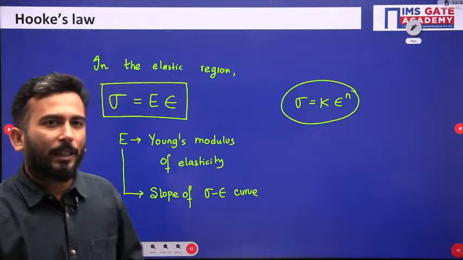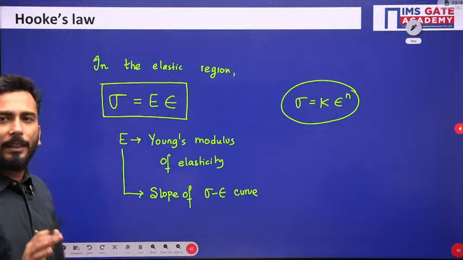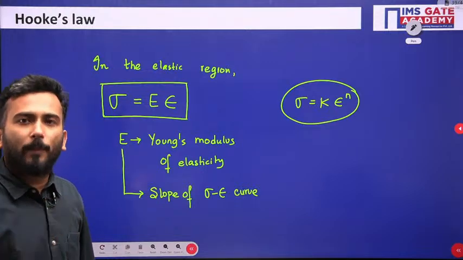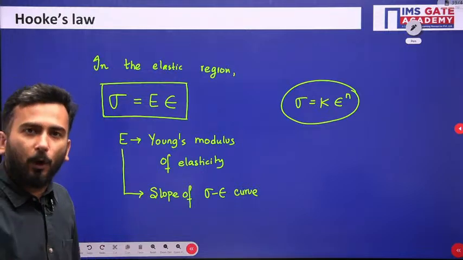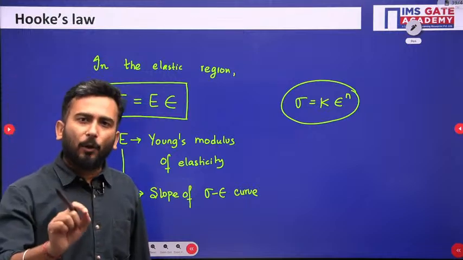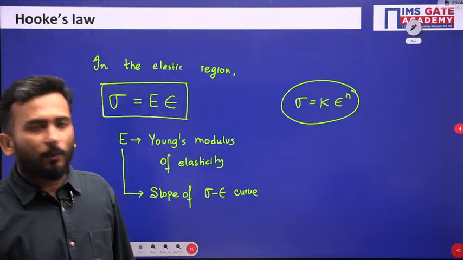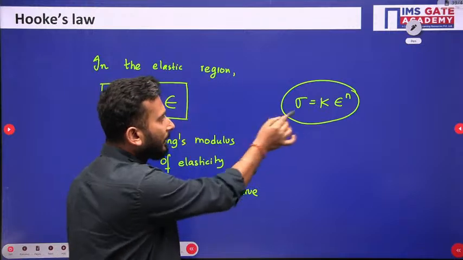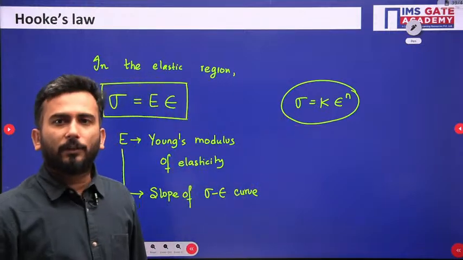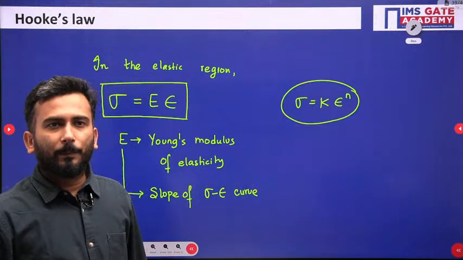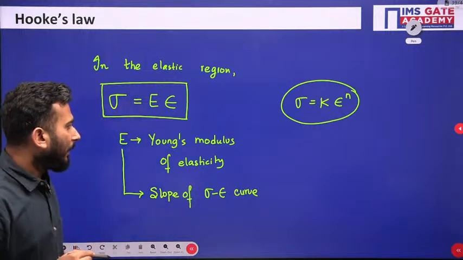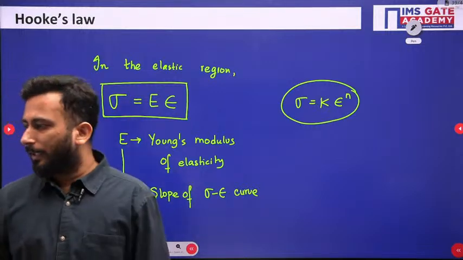That's why we are able to use this relationship very easily. But when it comes to manufacturing processes, you have to deform the material. Plastic deformation will take place. So that is why you cannot use this relation. You have to follow the true stress strain relationship. Is this thing clear? Are you able to understand?